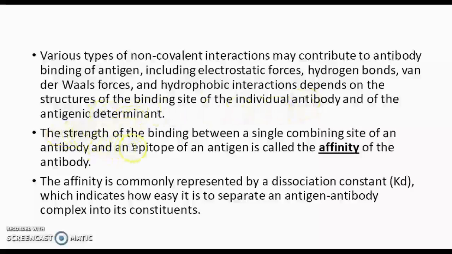Also, the strength of the binding between a single combining site of an antibody and an epitope of an antigen is called the affinity of the antibody, and the affinity is commonly represented by the dissociation constant Kd, which indicates how easy it is to separate an antigen-antibody complex into its constituents.